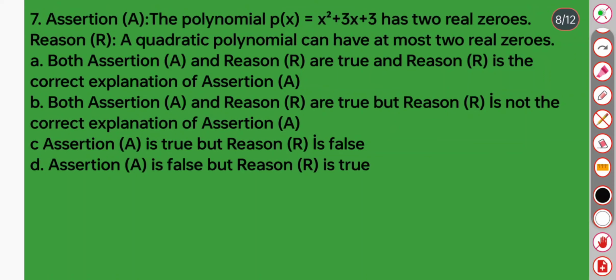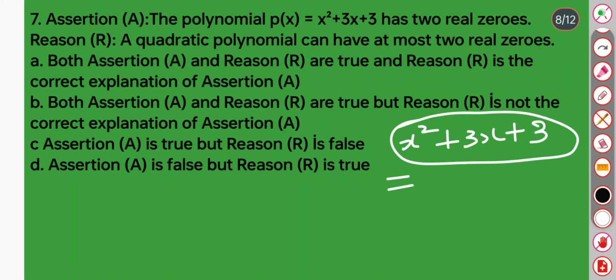Reason is given: a quadratic polynomial can have at most two real zeros. So first, assertion: px is x square plus 3x plus 3 has two real zeros. If you solve this equation, can we find two real zeros? We will not find two real zeros here. It's impossible to find two real zeros. So that means our assertion is wrong.